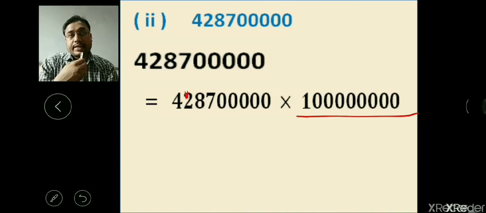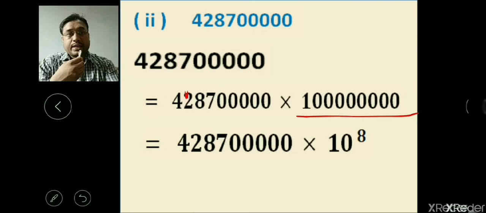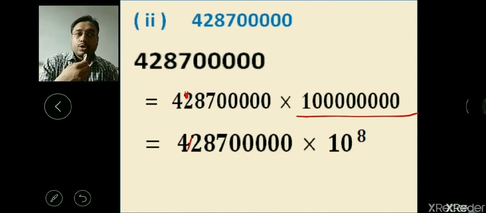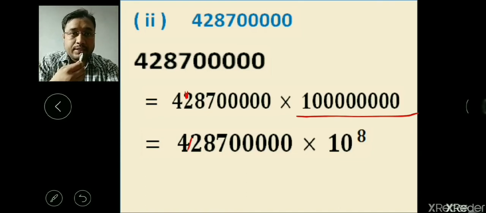Now you can write this number like this: 4.287, after that 5 zeros.